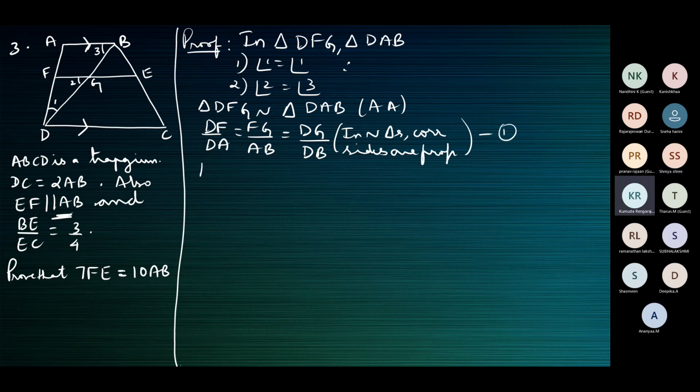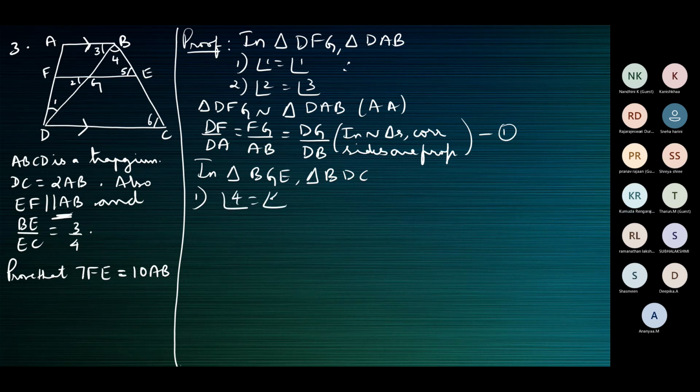Next, in triangle BGE and BDC. Angle 4 is equal to angle 4. Then angle 5 is equal to angle 6. Reason why 5 is equal to 6?